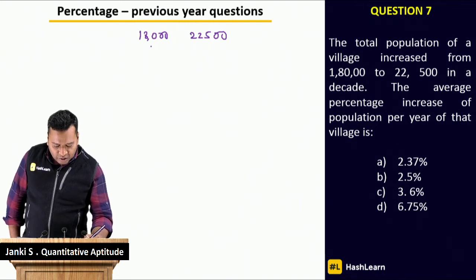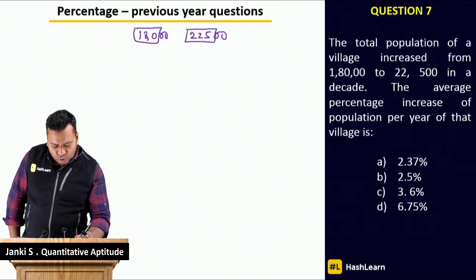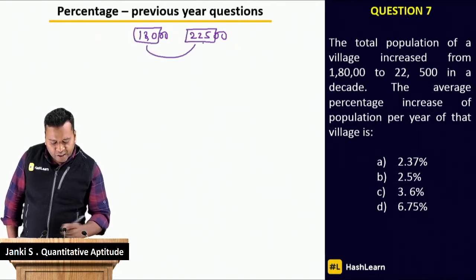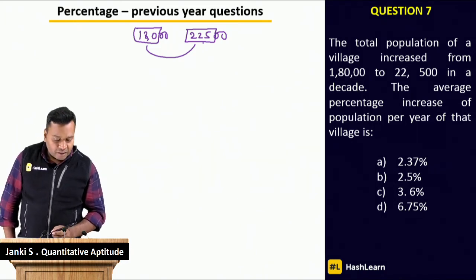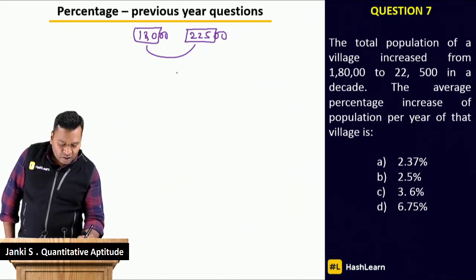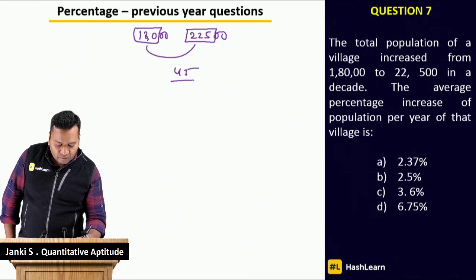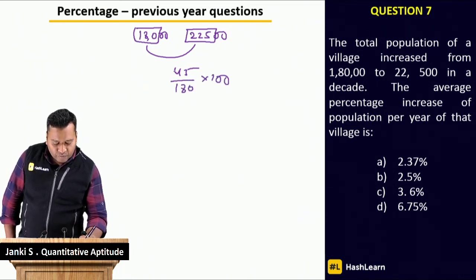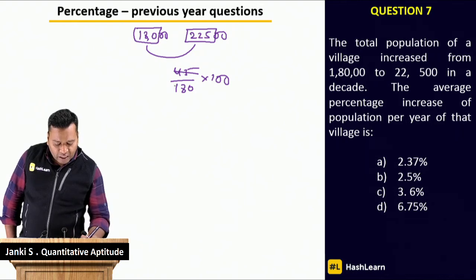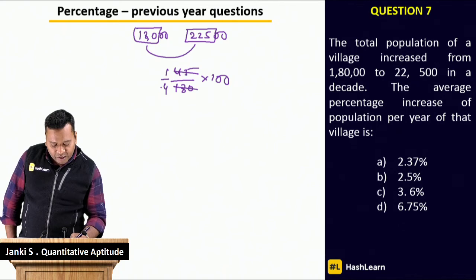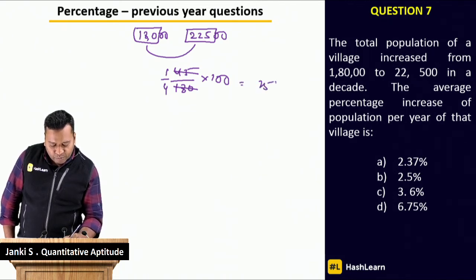Instead of working on 18,000, I will just take 180 and 225. So from 180 to 225, how much is the increment? My increment is 45. So 45 out of 180 is nothing but 1/4, which is nothing but 25%.